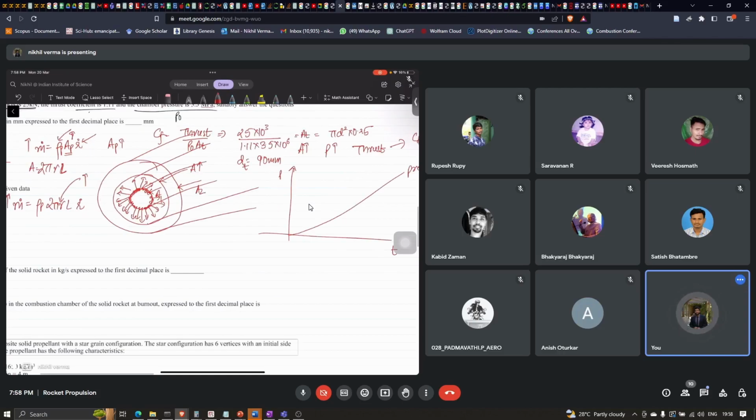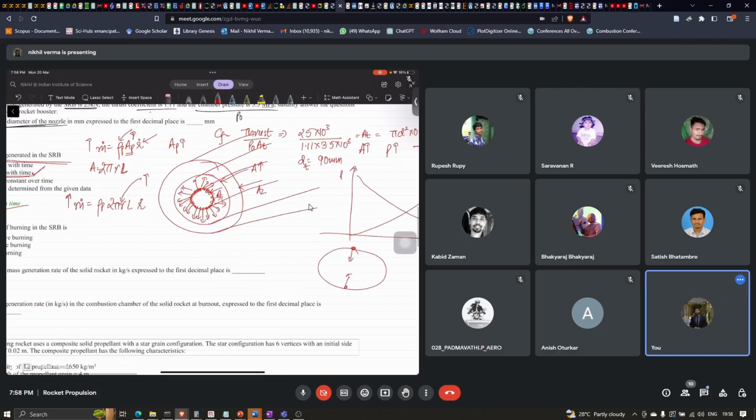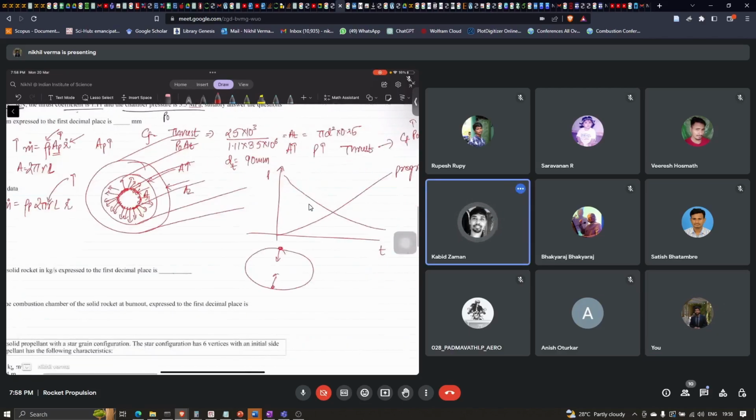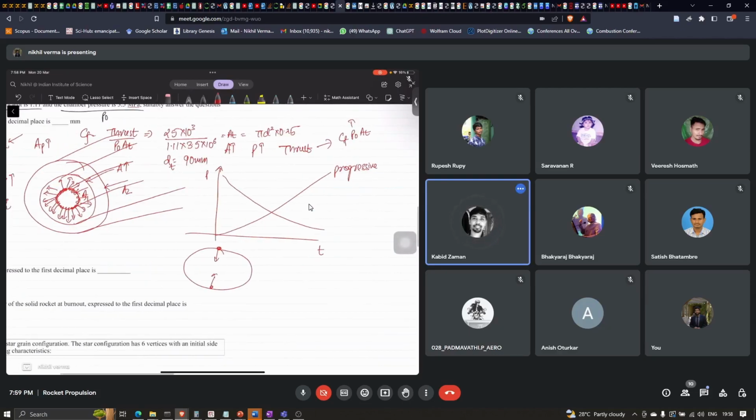In case we have a propellant that burns from outside towards inside, initially the pressure will be higher and it will gradually decrease, okay. So we'll be having a decreasing trend. Can we make that conclusion from the value of n in this particular example?